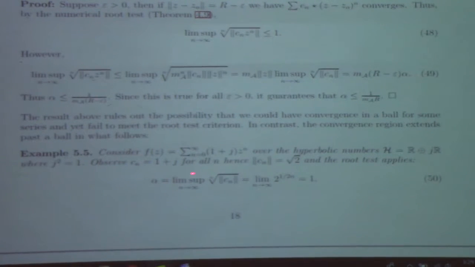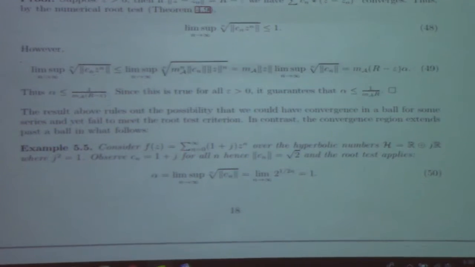If we look at this example, 1 plus j times e to the n over the hyperbolic numbers, then this one's got c sub n equal to 1 plus j. So the norm is root 2. So alpha is working out to the limit as n goes to infinity of 2 to the 1 over 2n, which is equal to 1. A little calculus 2 you might have forgotten.